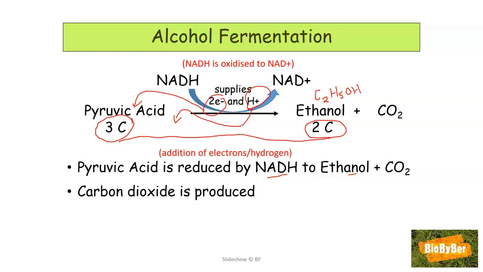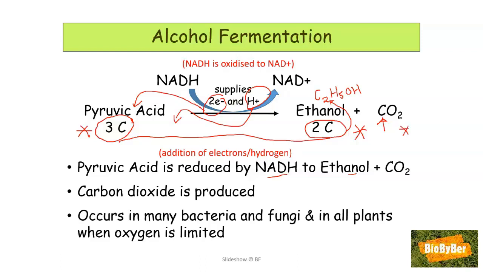This is rather detailed for us biologists, but you can see from the formula that it contains 2 carbon atoms. The other carbon atom is to be found in the carbon dioxide. So the 3 carbons in the reactant, pyruvic acid, is balanced by 3 carbons in the products, 2 in the alcohol and 1 in the carbon dioxide.